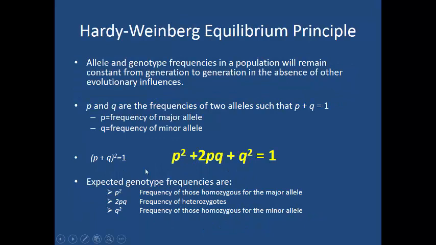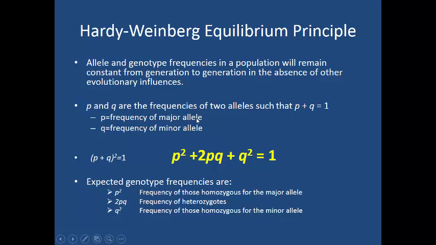Now, when we talk about alleles and genotypes, we know that allele and genotype frequencies in a population will remain constant from generation to generation in the absence of other evolutionary influences. This really is the basis of what's called the Hardy-Weinberg equilibrium principle. If we have two alleles, let's say P and Q are the frequencies of the two alleles such that P plus Q equals 1.